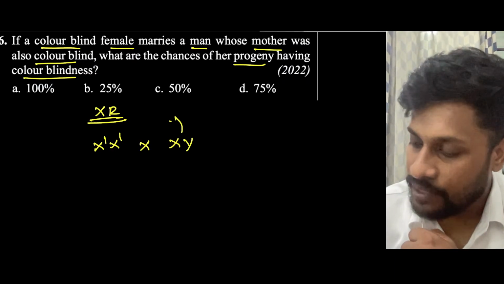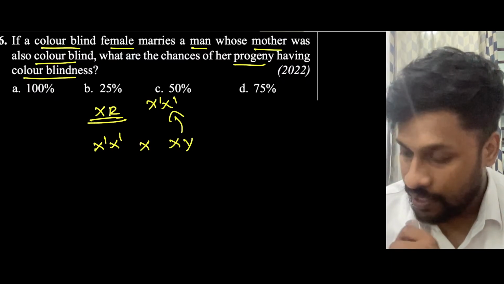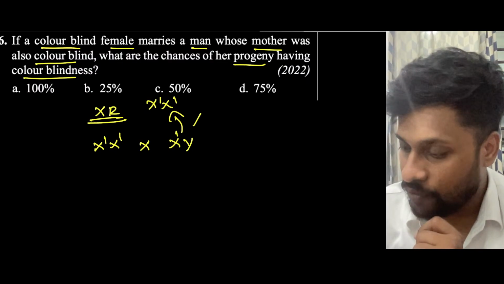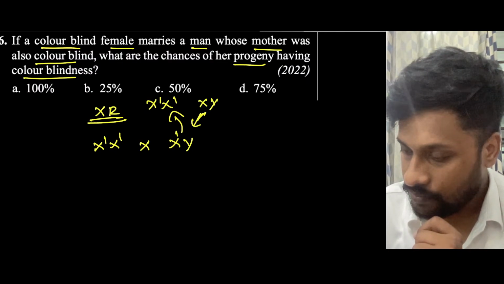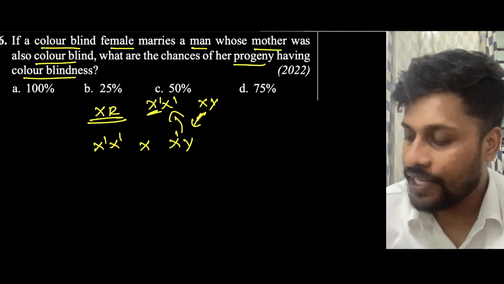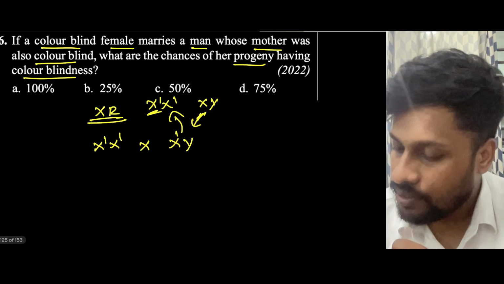So this guy's mother was colorblind, so he will get at least one X' from his mother, and Y will be coming from the father. So at least one X' will be there. Now we need to cross, right?